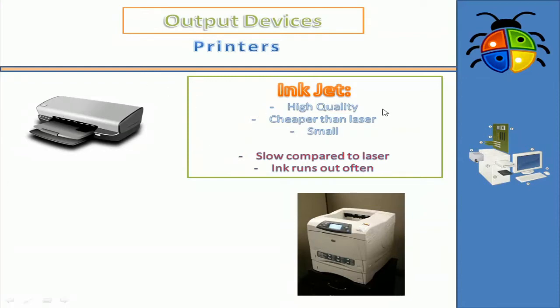They're very high quality, they're cheap, and they're quite small or compact. Really useful for in the home. So if you're not printing often, or if you're printing single copies of things, then inkjets are perfect. But they're slow to print, and the ink runs out quite often.